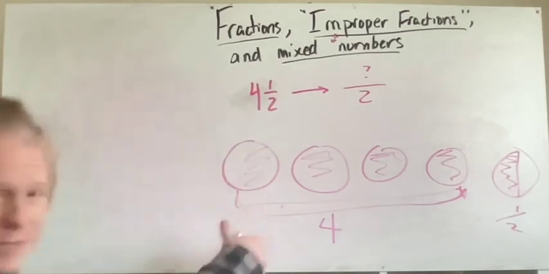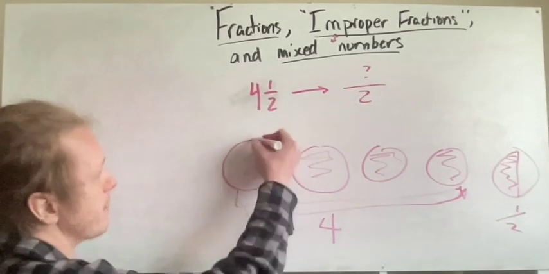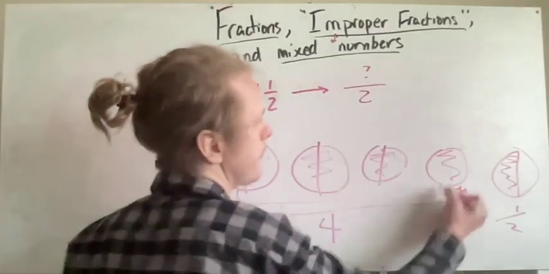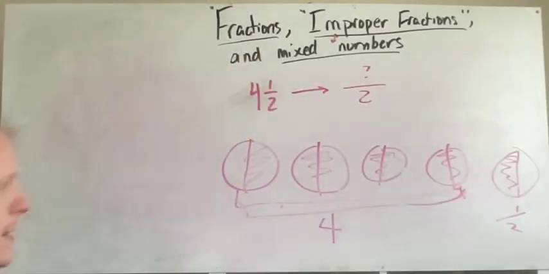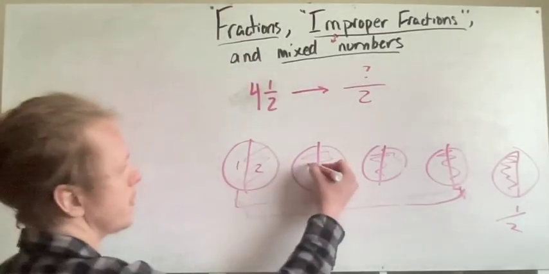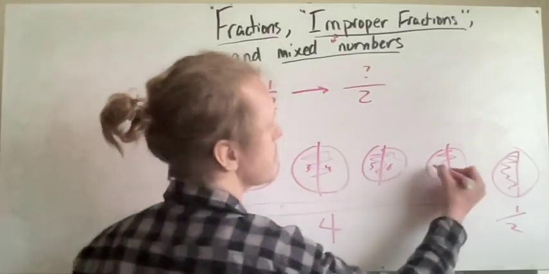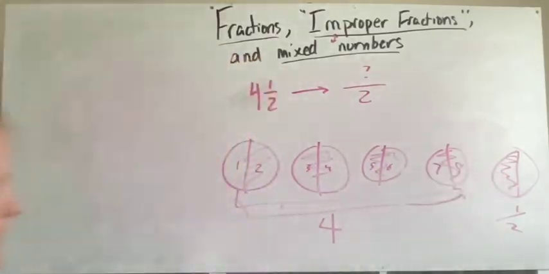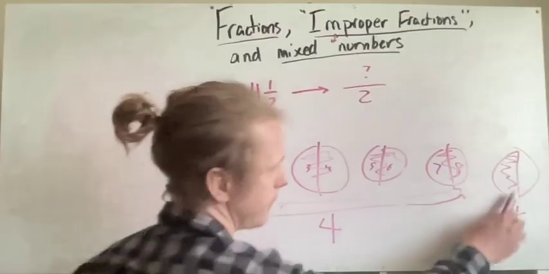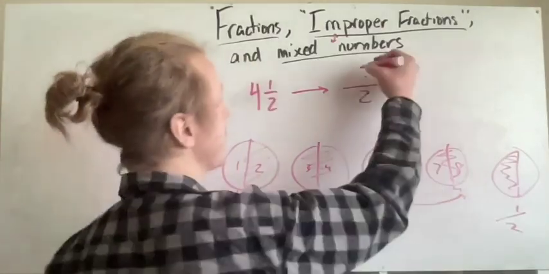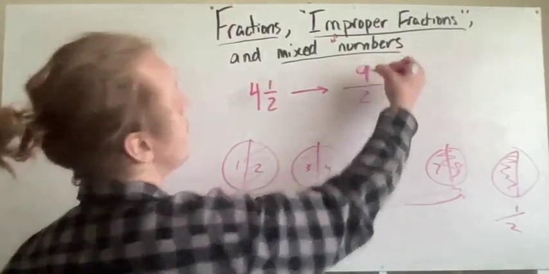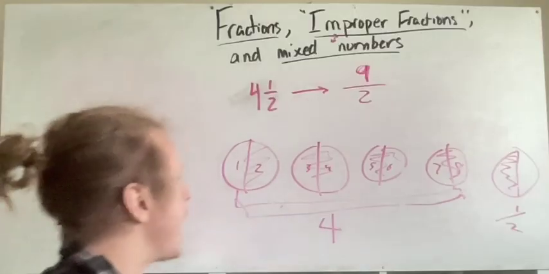So all these whole pizzas, I've got to cut them in half. Okay? 1, 2, 3, 4, 5, 6, 7, 8, and then this gives me 9, okay? So 4 and a half is equal to 9 halves.